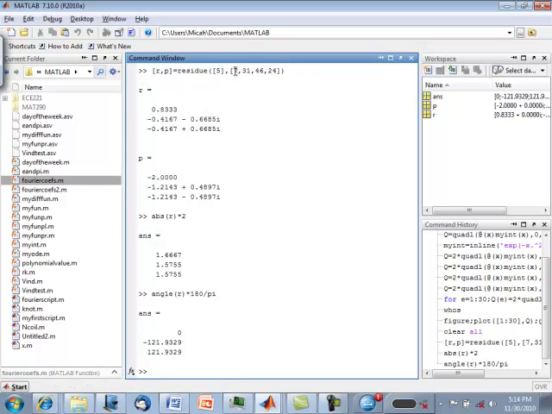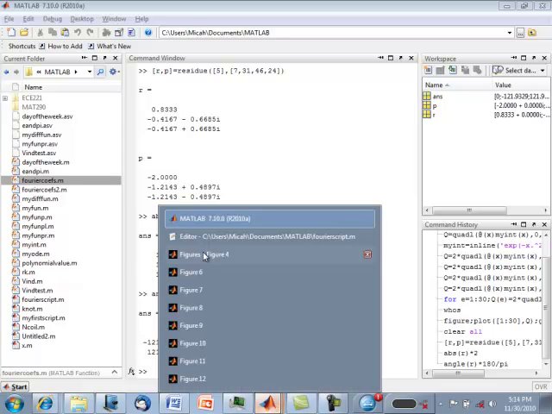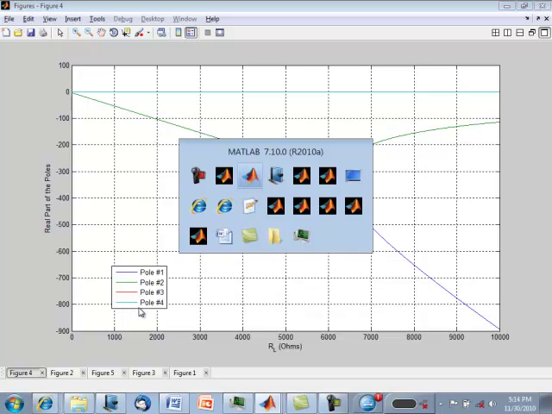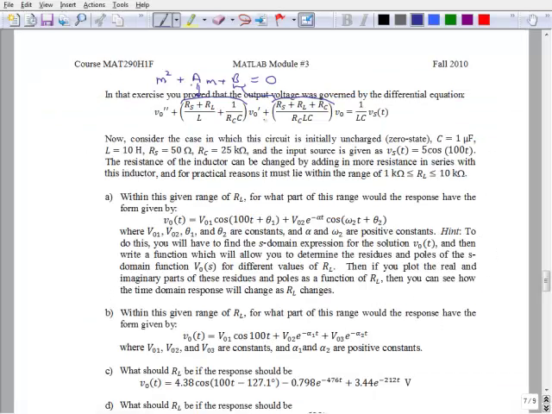So here there's 4 poles. Since our V of S is given as this cosine, this V of S provides 2 poles to the output, and the transfer function, since it's a second order circuit, provides the other 2 poles.